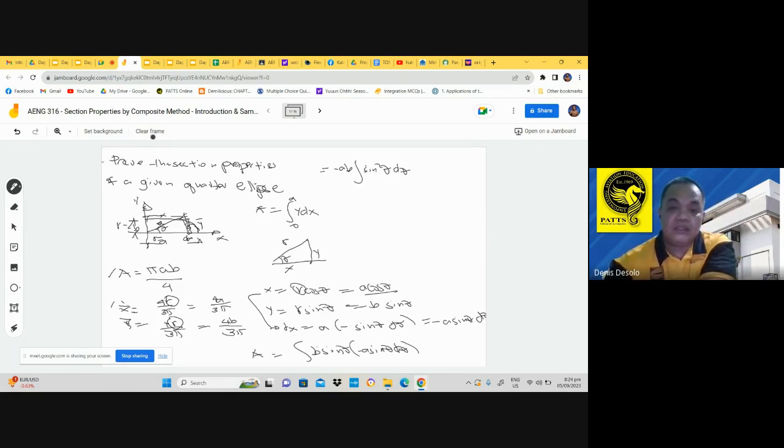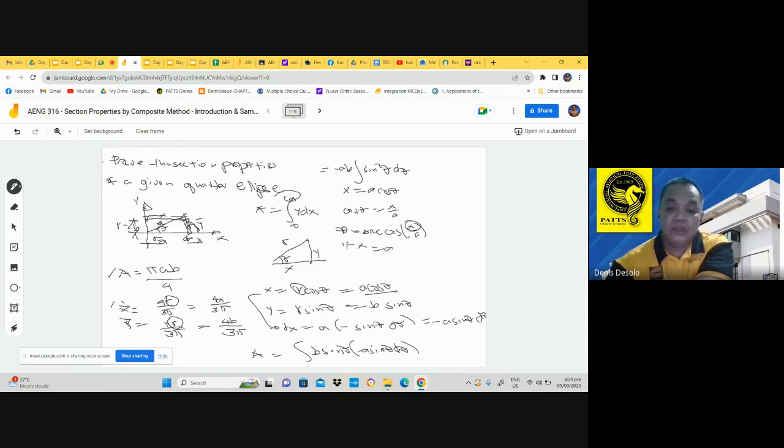So that is x is equal to a cosine theta. We solve for cosine theta, then solve for theta, which is inverse cosine, arc cosine x over a.